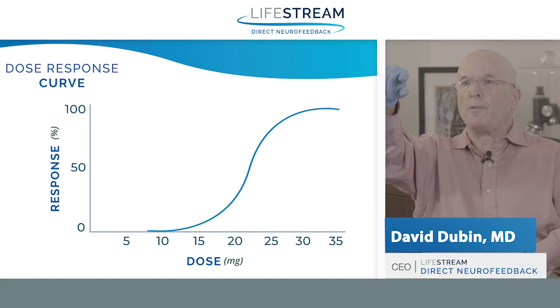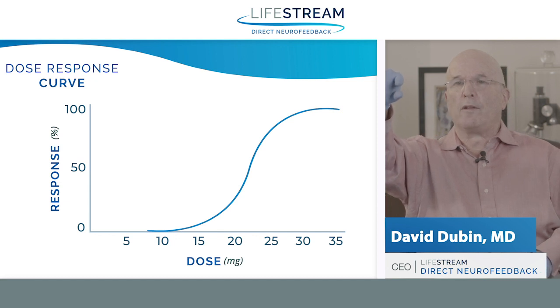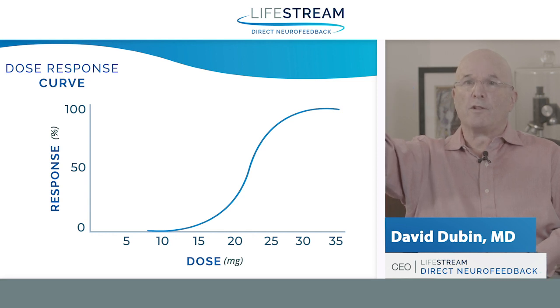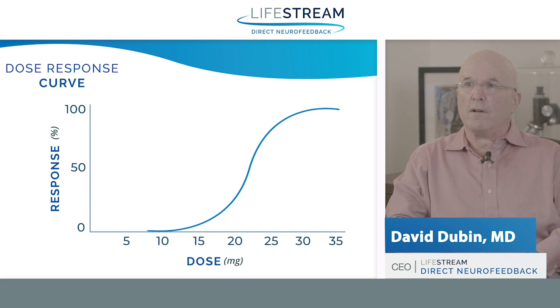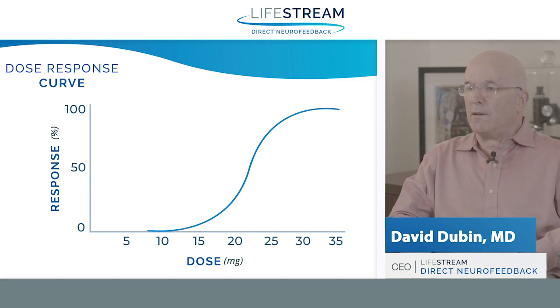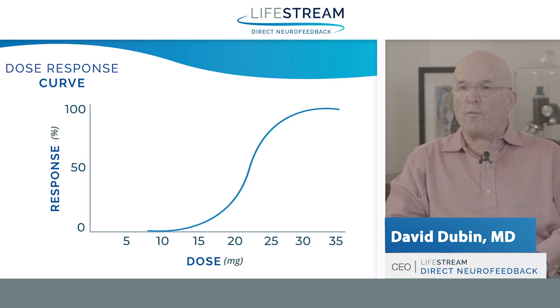But here, what happens is, if you keep giving it longer, instead of continuing to go up, the response plateaus and flattens out. And in fact, it can go down and have less of a response than the length of time the person got the treatment. So be aware of that.